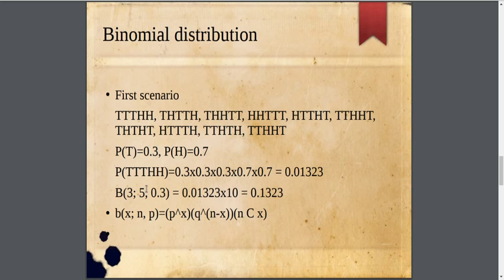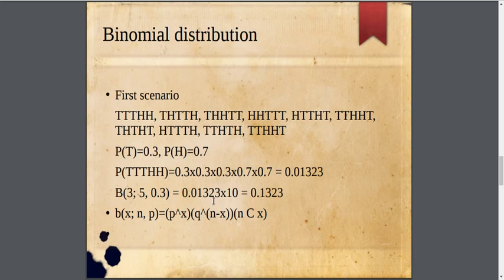We take the random experiment: tail in the first attempt, tail in the second attempt, tail in the third attempt, and head in the 2 last attempts. And we just use the chain rule again and replace those values.